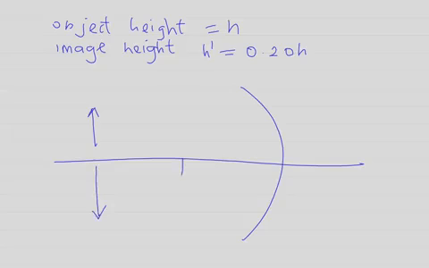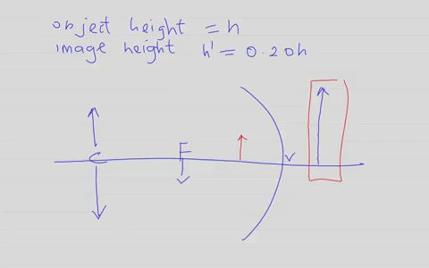It could be here, maybe here, I don't know, but usually it is inverted. It only produces an erect image, which is virtual, if you have F here and the object is somewhere between F and the mirror. Then the image of that object will be behind the mirror.